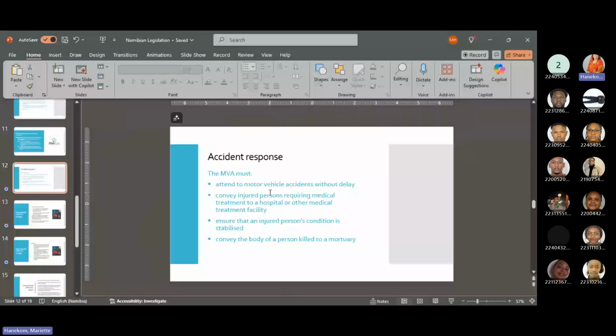Oh, I forgot to mention this. Another task of the MVA fund is accident response. If there was a motor vehicle accident, they will send out an ambulance to transport the injured persons to the nearest hospital or treatment facility.